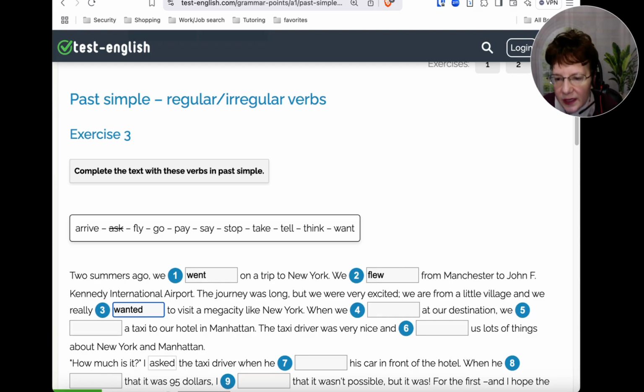So wanted to visit a magic city like New York. All right, excellent job on these exercises. I know those irregular verbs are tough to remember sometimes in the past, but you can always refer back to the list there. All right.